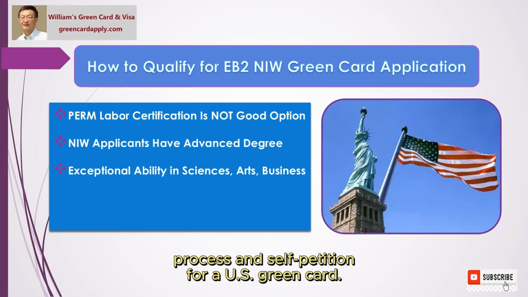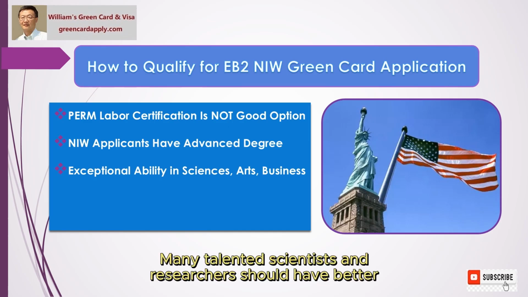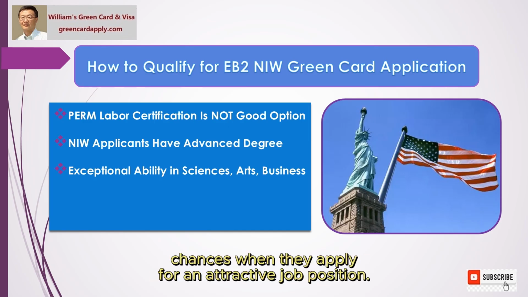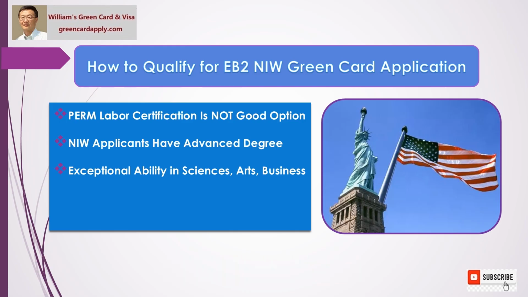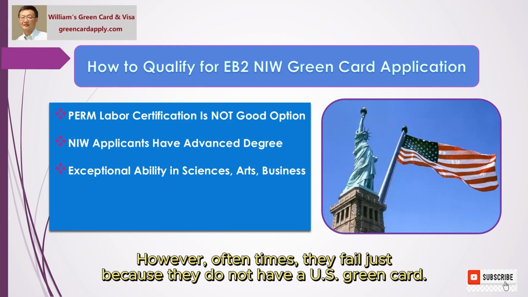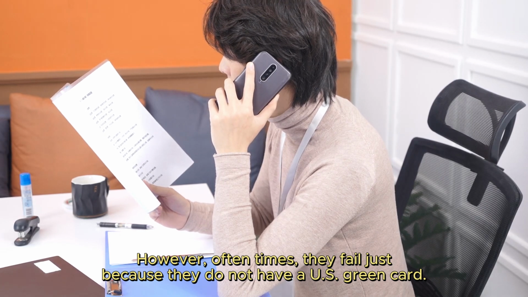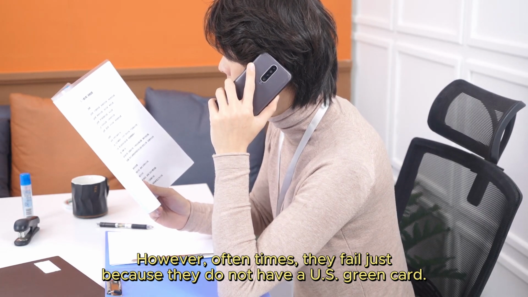green card. Many talented scientists and researchers should have better chances when they apply for an attractive job position. However, oftentimes, they fail just because they do not have a U.S. green card.